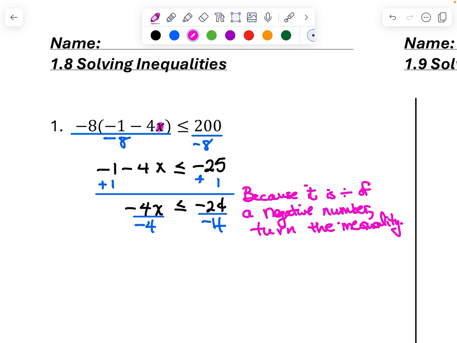So in other words, because we are dividing by negative numbers, this symbol right here has to turn. So we are going to write x is greater than or equal to 6. So notice the symbol changed.